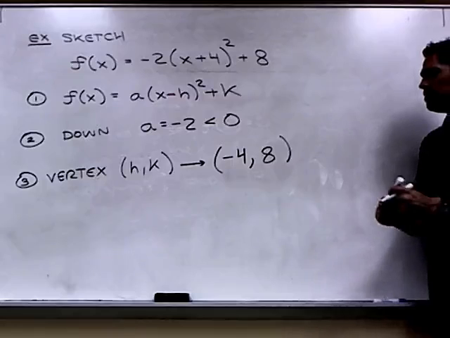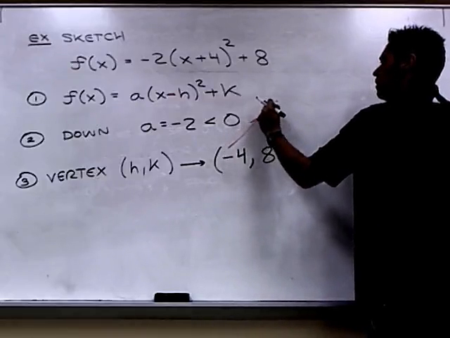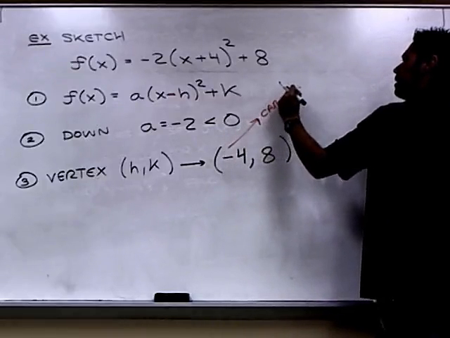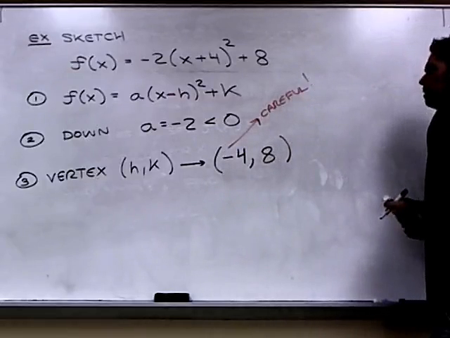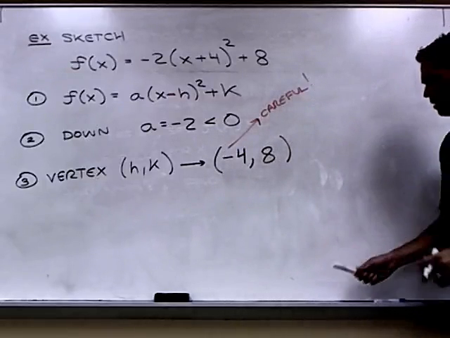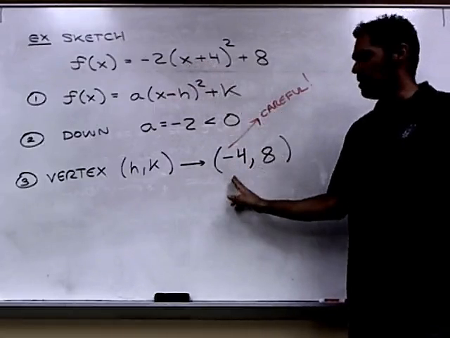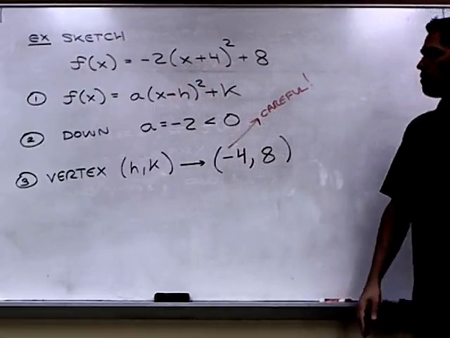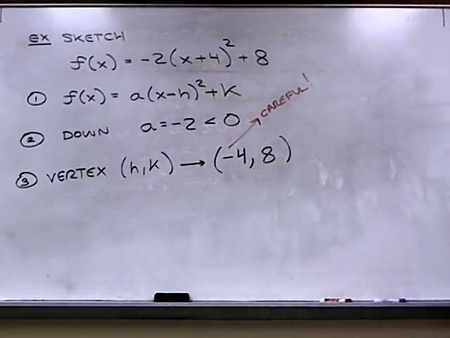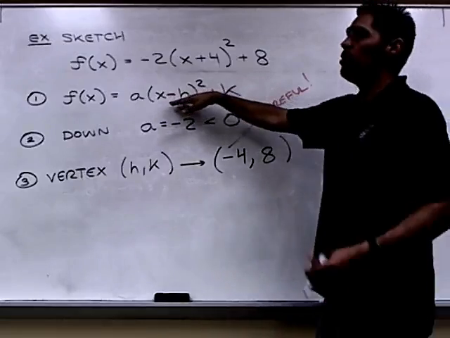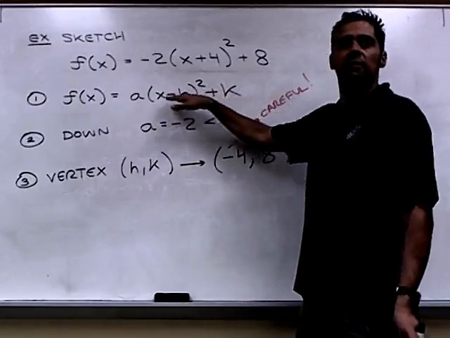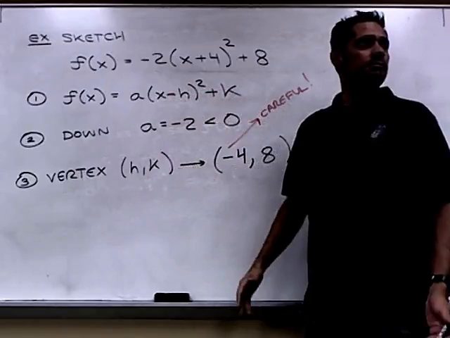Just had to be careful on the sign. Opposite of what you see. So what if this had said x minus 4? It would have been positive 4. All right, have we finished up step 3? Step 3 said if we had this form, which we did, then we would just figure out what h and k are and be done.